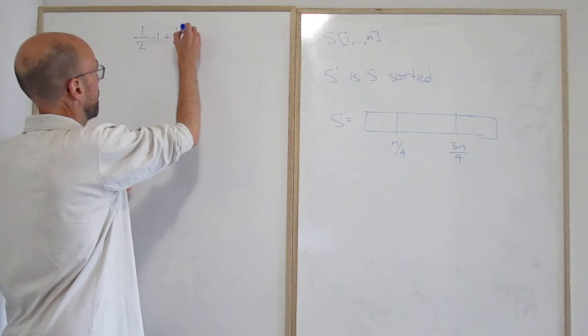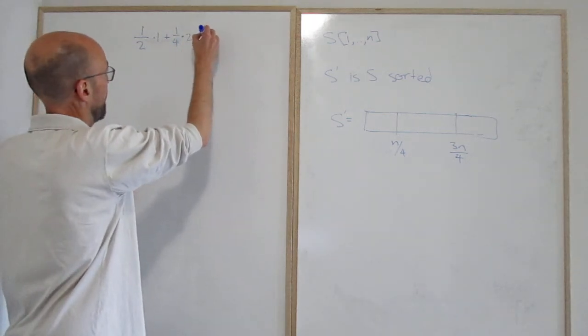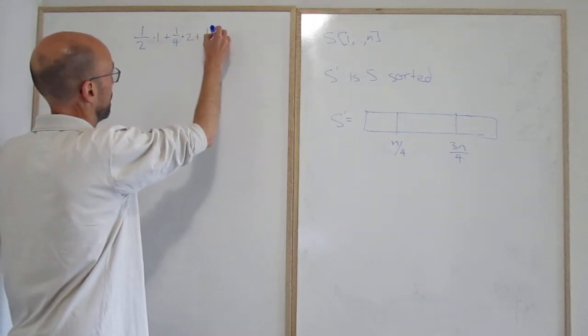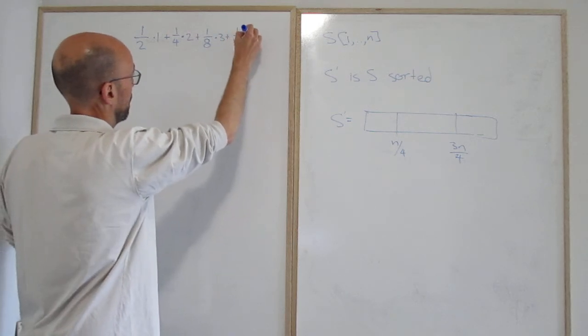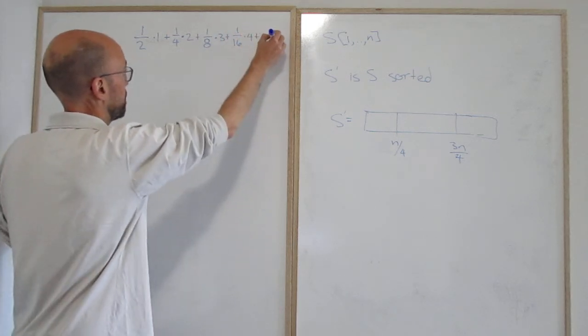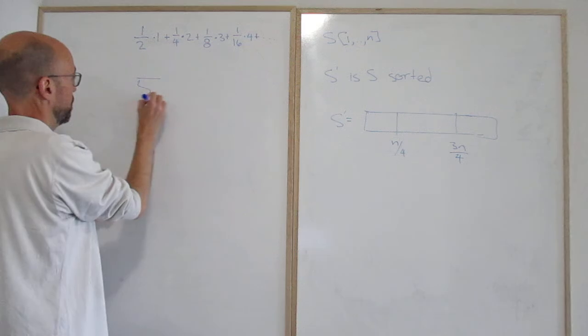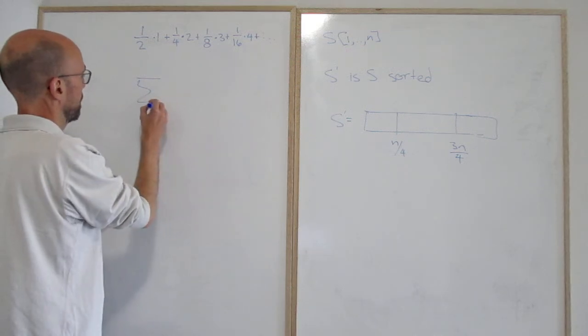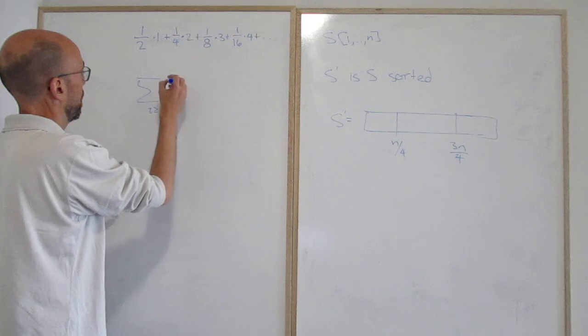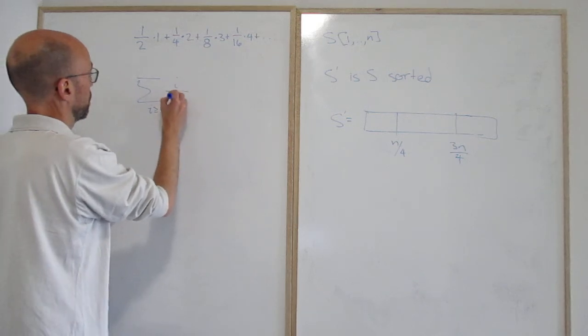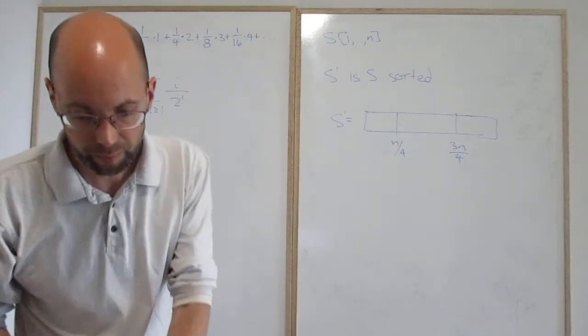So that's a quarter times 2, plus an eighth times 3, plus a 16th times 4, plus and so on. So this is the sum over i greater than or equal to 1 of i over 2 to the i.